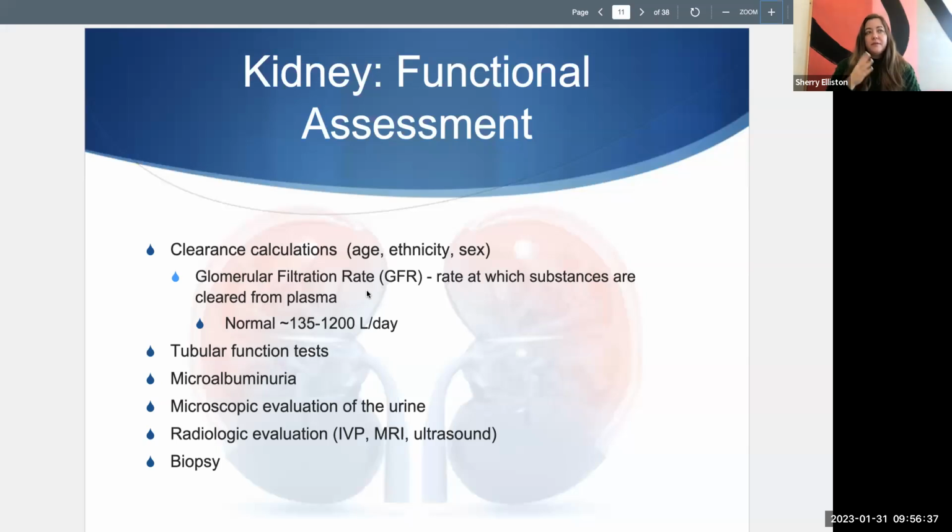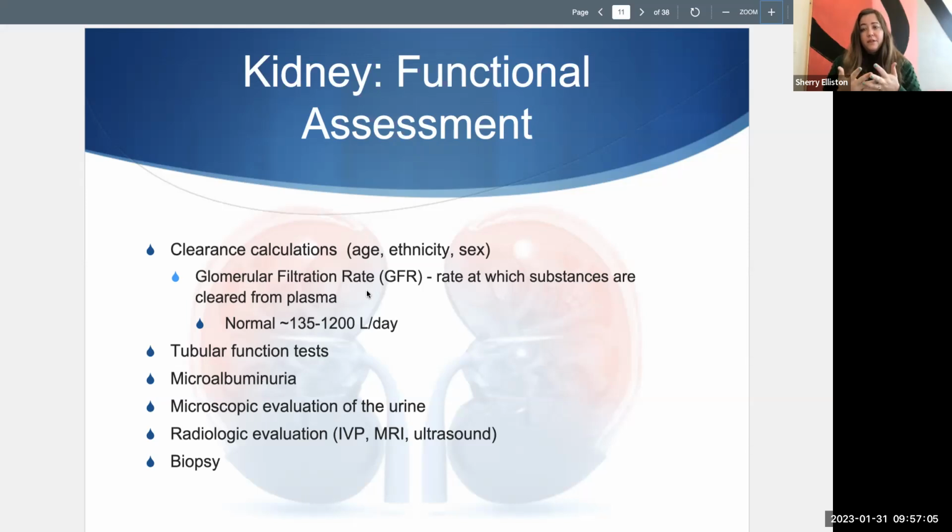So there are tests to see how the tubules, the structures of the kidneys, are functioning, such as microalbuminuria. You can evaluate the kidneys by taking a biopsy, a bit of the kidney, to see if the kidney is diseased. And there are also MRIs and ultrasounds that a doctor might order to rule out other issues and disorders of the kidneys.